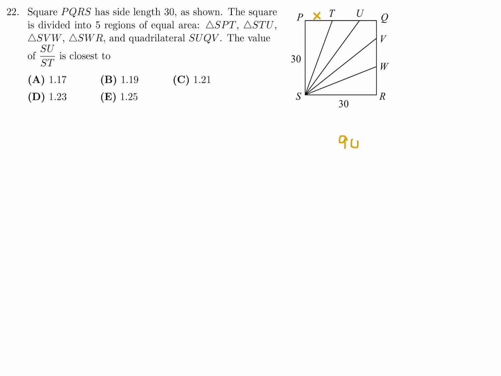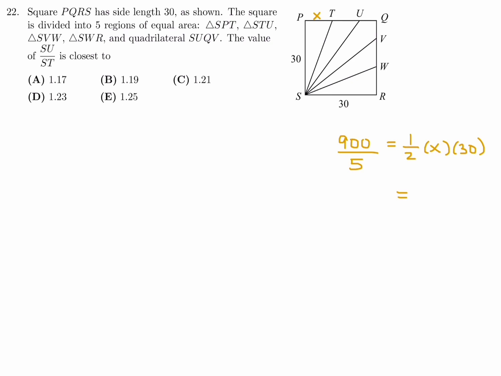The area of the square is 900, 30 times 30. And that's going to be divided by 5, and that will equal the area of this triangle, which is 1/2 base times height, x times 30. So this allows us to figure out x pretty quickly here.